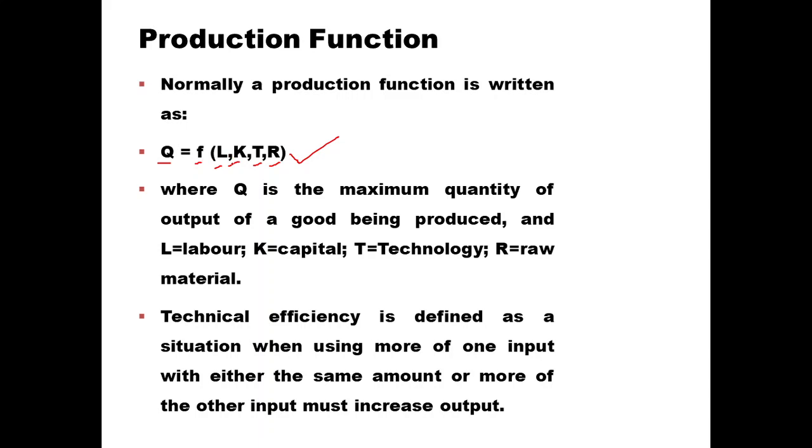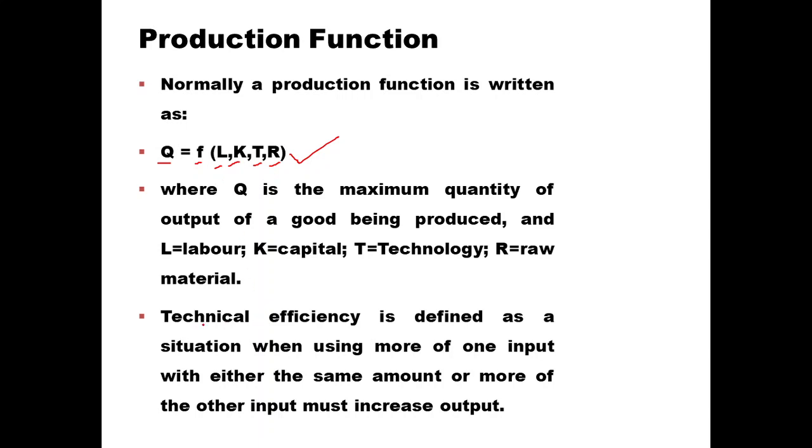These factors of production are land, capital, labor, technology, raw material. Here I have taken labor, capital, technology, and raw material; land can also be added here. This is the traditional form of production function, which can be shown in notational form.